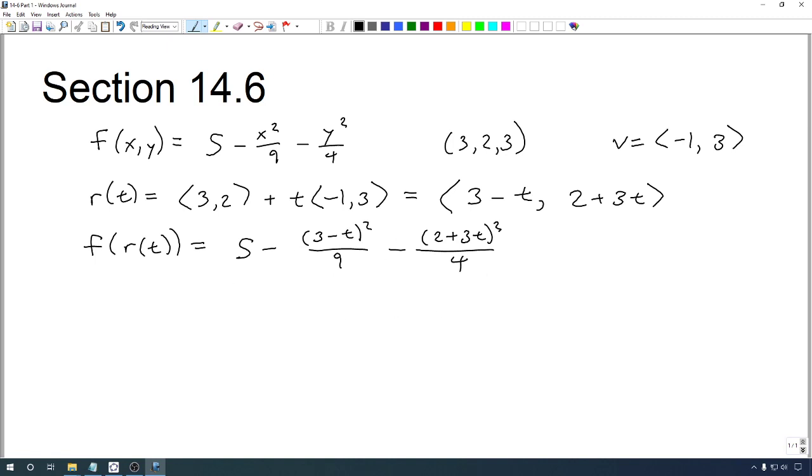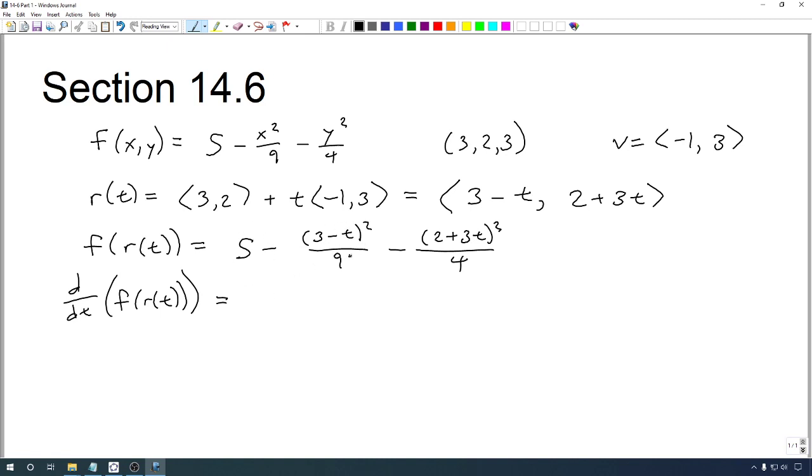How about we differentiate it? If we differentiate this with respect to t, what happens? I don't really want to write f prime here. Maybe if I call this g of t, then I can do that. But the derivative of this composition with respect to t, obviously the 5 goes away.